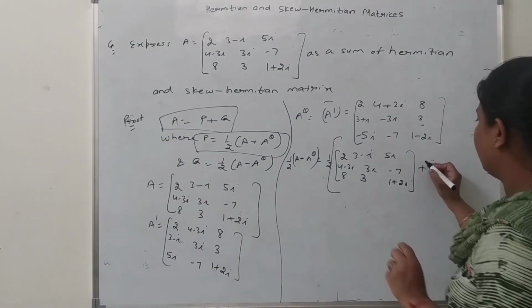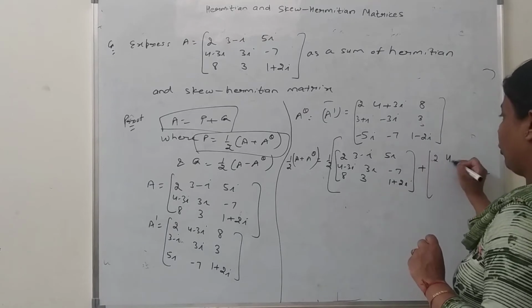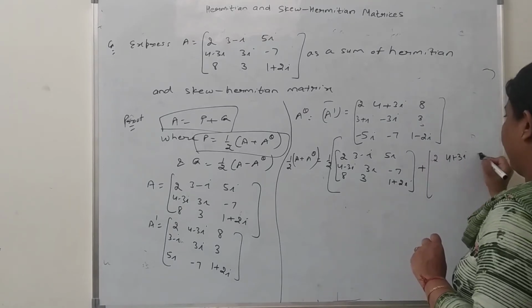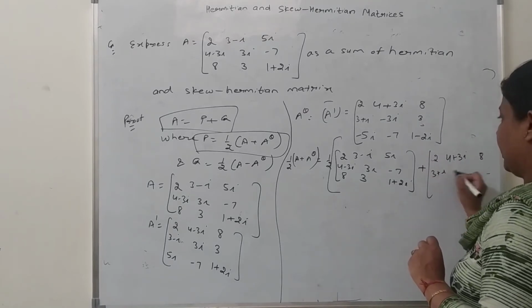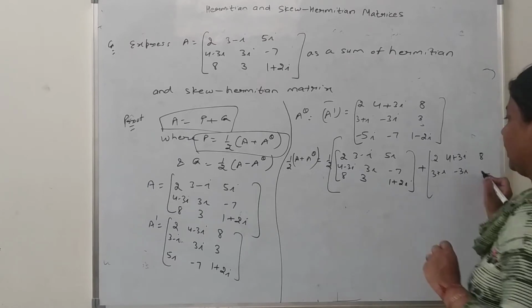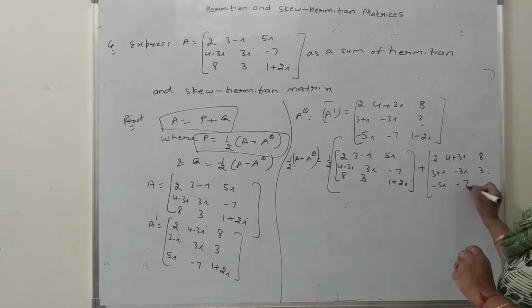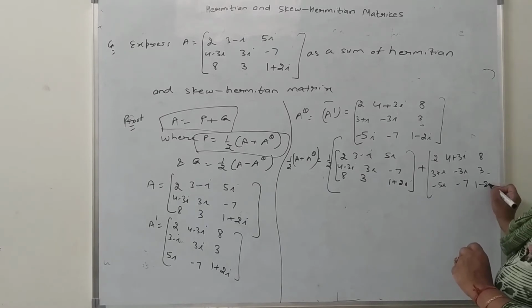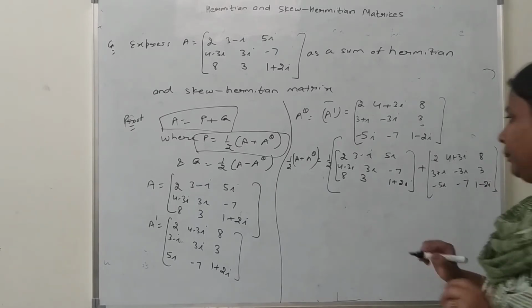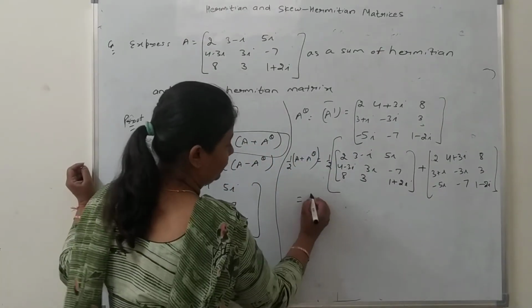It is A theta: 2, 4 plus 3 iota, 8, 3 plus iota, minus 3 iota, 3, minus 5 iota, minus 7, 1 minus 2 iota. Now we will add it.